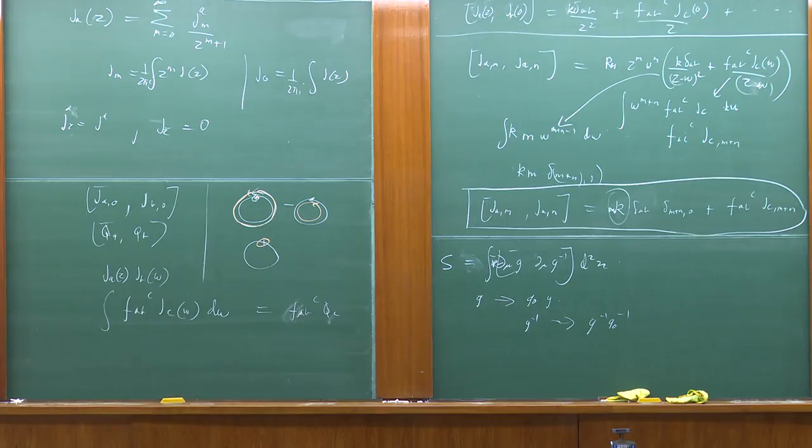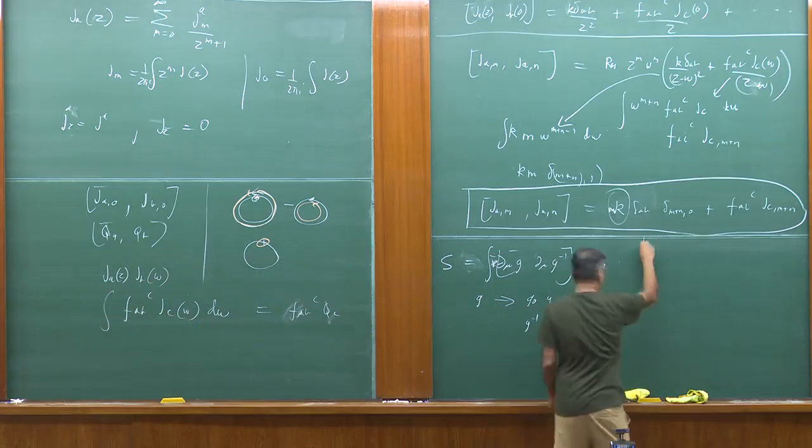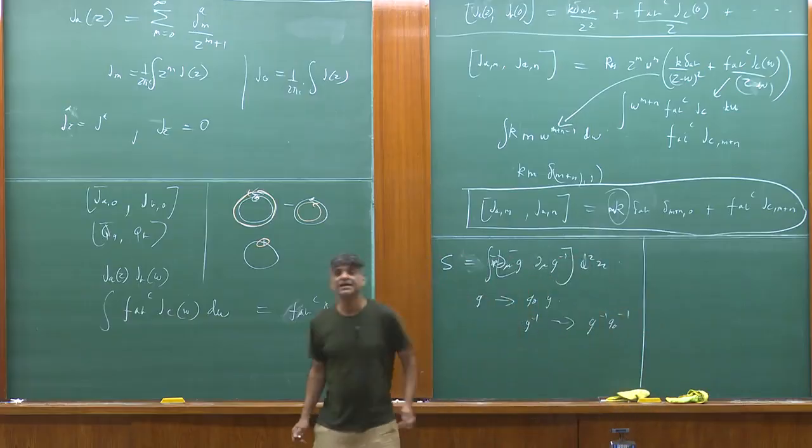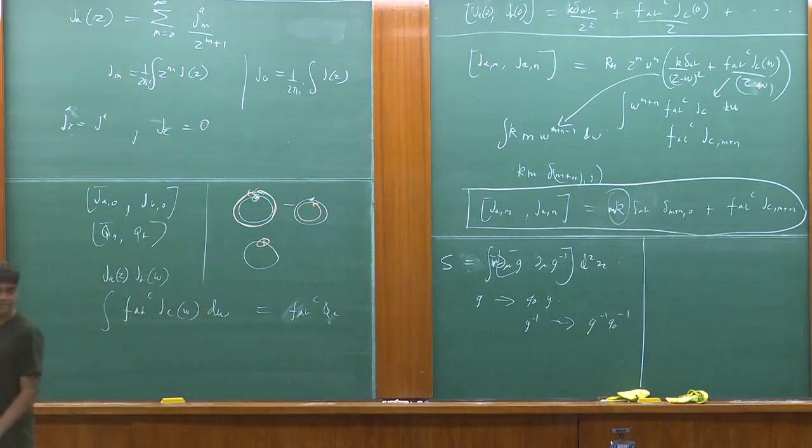Okay, that's great. So let us for a moment specialize to the case G is equal to SU(2). In this case, the group manifold is a 3-sphere.